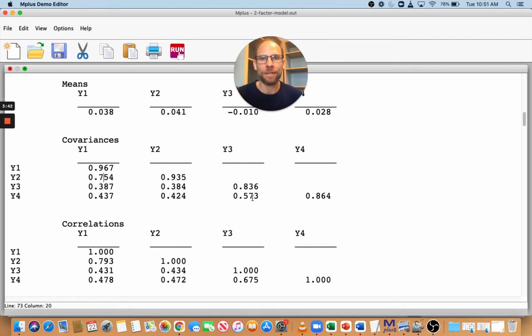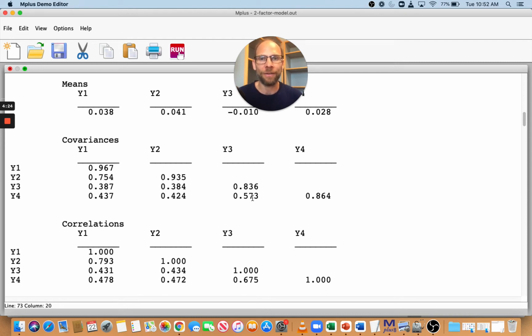Now, why is it interesting to test a baseline model like this, where the variables are assumed to be unrelated, or linearly unrelated, I should say, because the covariances refer to the linear relationships between those variables. So why does this make any sense? It does make sense because if the independence or null or baseline model did fit our data, so if this model were not rejected, then we could stop with our modeling, because what we're doing typically with factor models, path models, and structural equation models is we're modeling relationships between observed variables in one way or another.